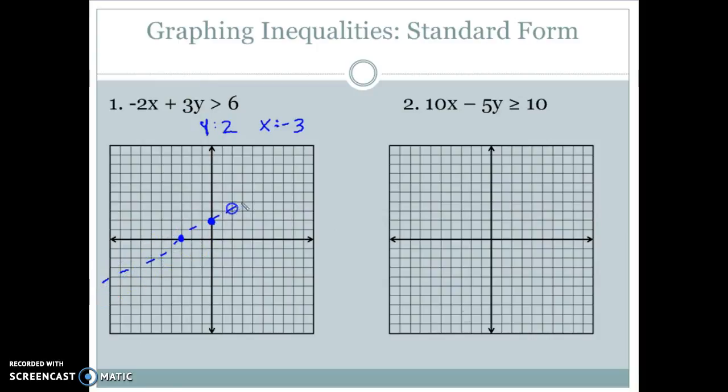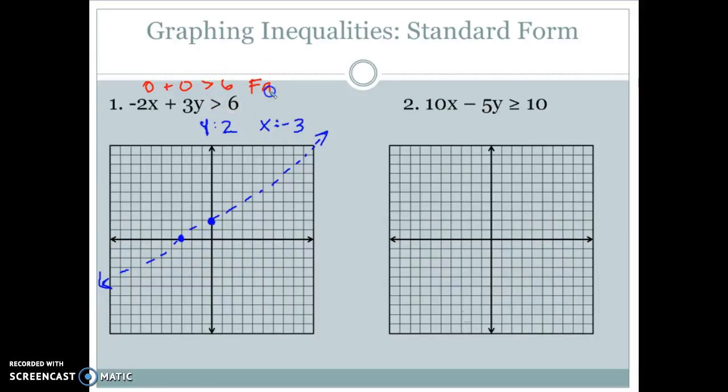Very crooked dotted line, but there's my dotted line. Now to decide where to shade. I cannot go based on this. The only time I can go based on my sign is if y is by itself. So I'm just going to plug in 0, 0. Negative 2 times 0 is 0. 3 times 0 is 0. 0 plus 0 is 0. 0 is not greater than 6.